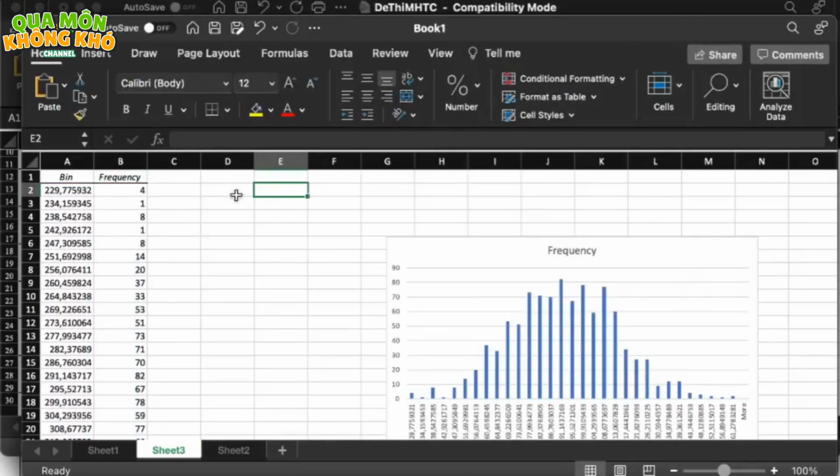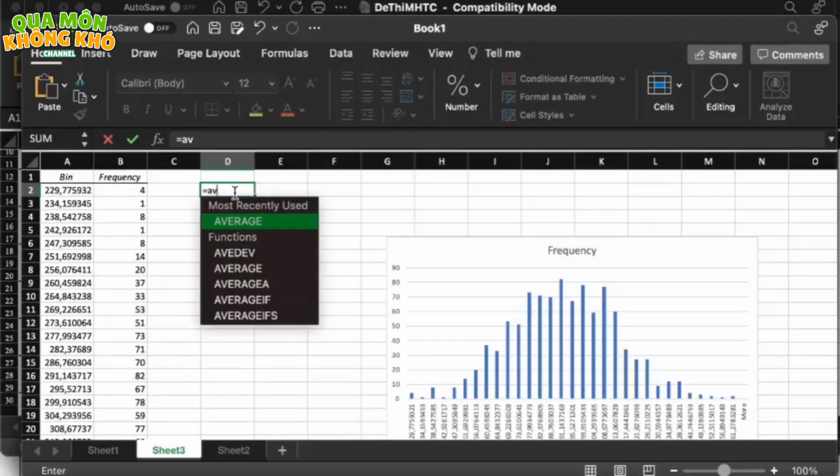And if we want to calculate the probability that the MPV will be less than 200 million, we need to find out the mean value and the standard deviation value of the 1000 MPV.